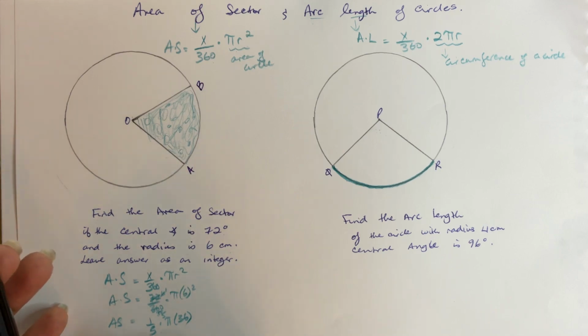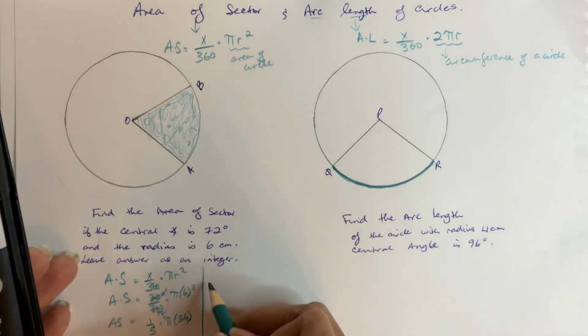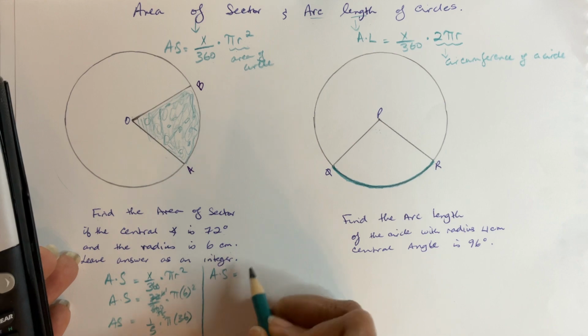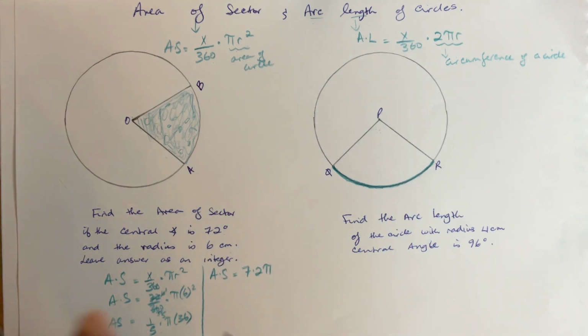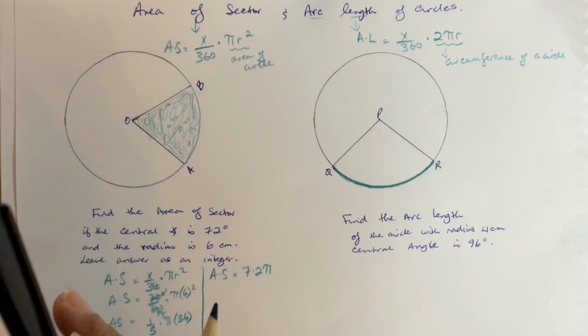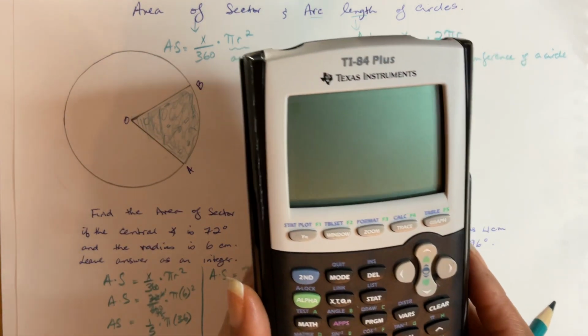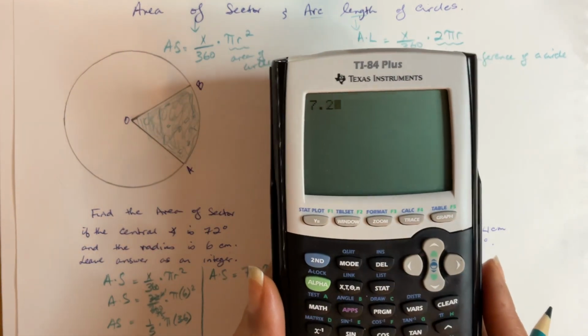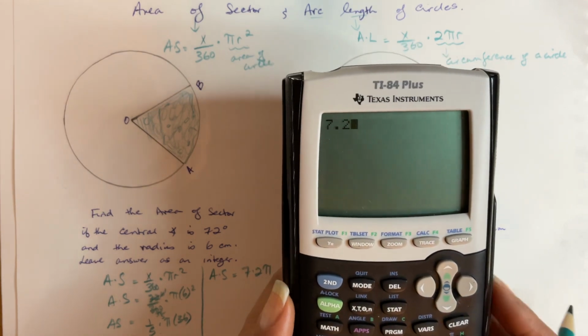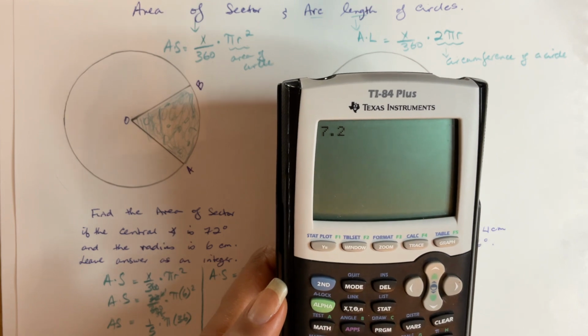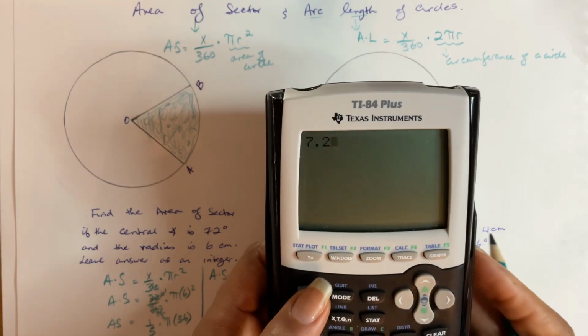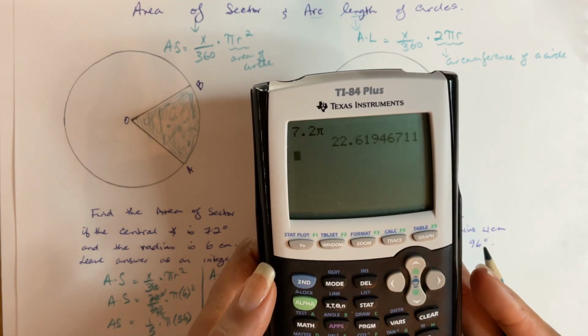So now I have here AS is equal to 7.2 pi. Now on your calculator, what I need you to do, you're going to press 7.2 pi. So look on your calculator here. Your pi button is here. Second function pi. Enter.